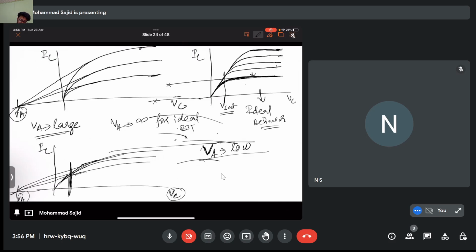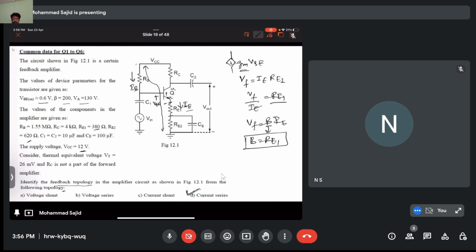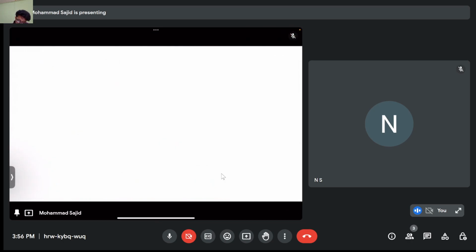Your R naught, if you see, let me just draw first the equivalent circuit for this transistor. Do you know how to draw the equivalent circuit? Okay, I will draw. If you know, you can correct me if I'm wrong, right? So you short the capacitors.